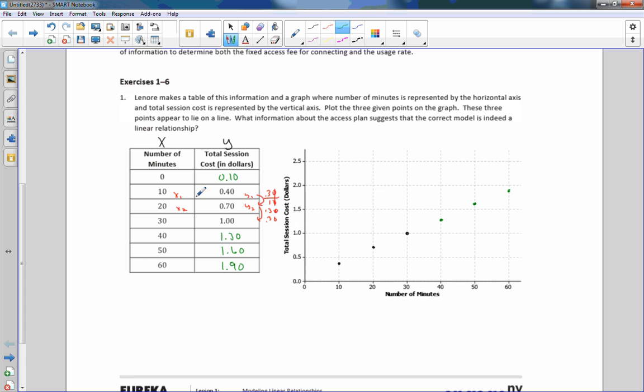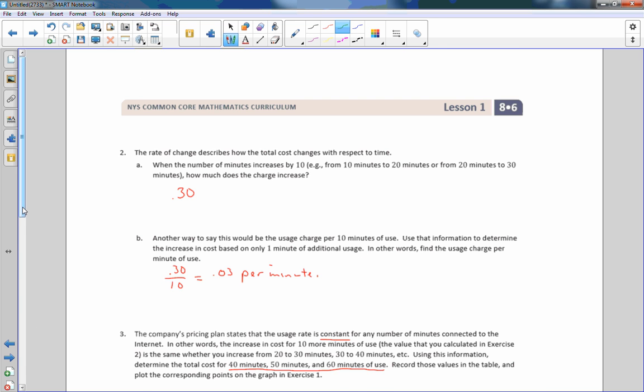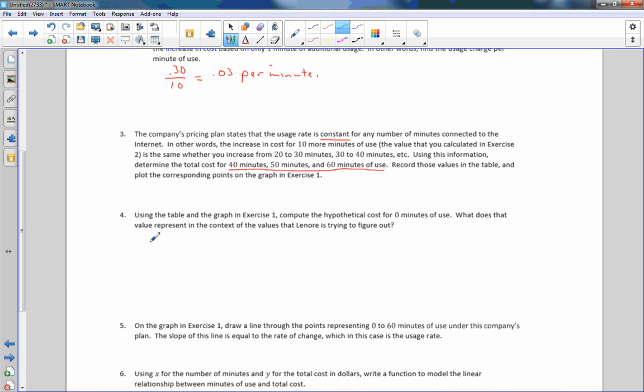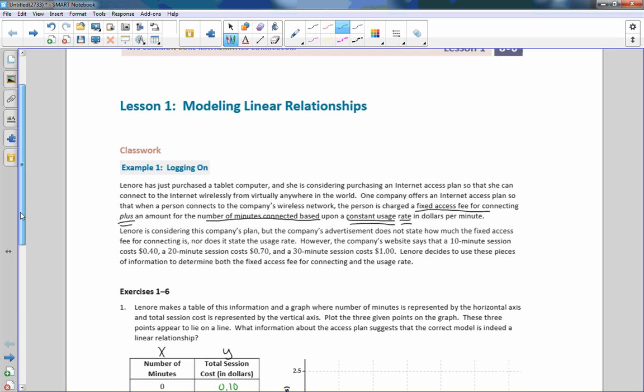Okay, so 10 cents for 0 minutes represents, let's see, let me go back to the original and I'll underline what it says.